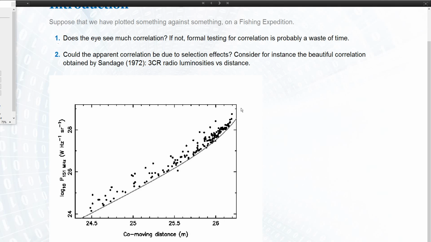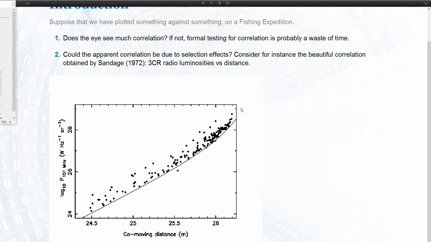We have many, many faint galaxies and very few bright galaxies. That's the power law. And in this log-log plot, many, many faint objects means many objects here and very few objects when we go in this direction.